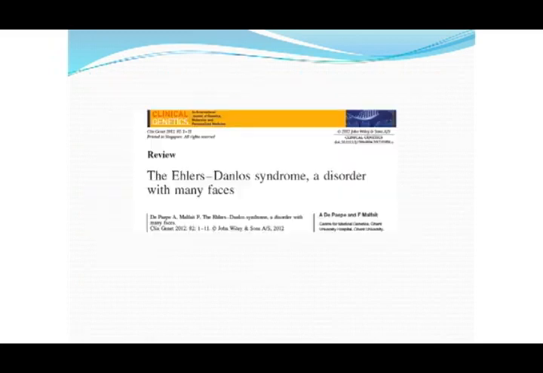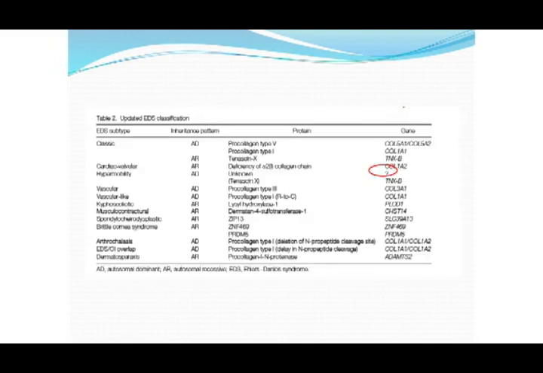Dr. TCAPP and her co-worker, Dr. Malfait, wrote an article recently, this was in Clinical Genetics in 2012, describing Ehlers-Danlos syndrome. They called it a disorder with many faces. And in this excellent review, they gave another list.